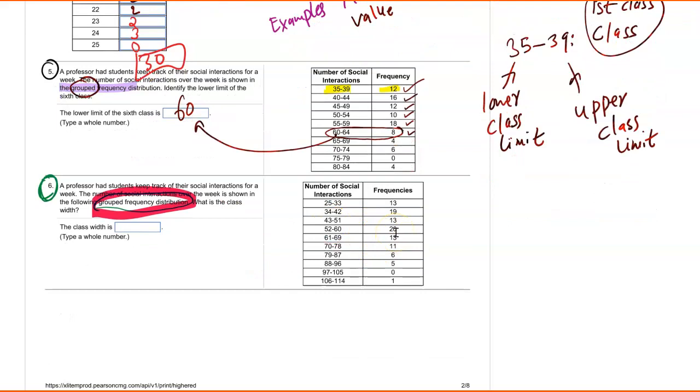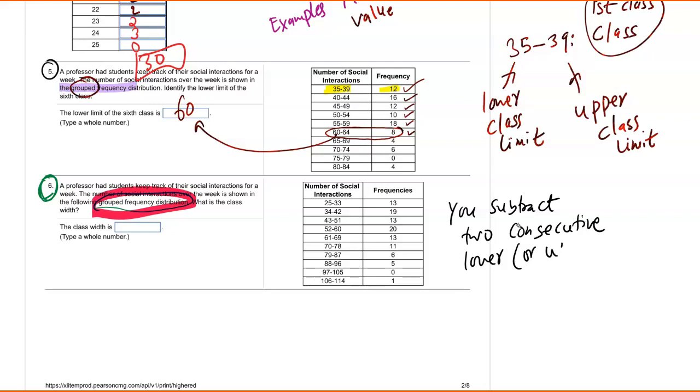Okay, remember that to find the class width, what you have to do is you subtract 2 consecutive lower or upper class limits.